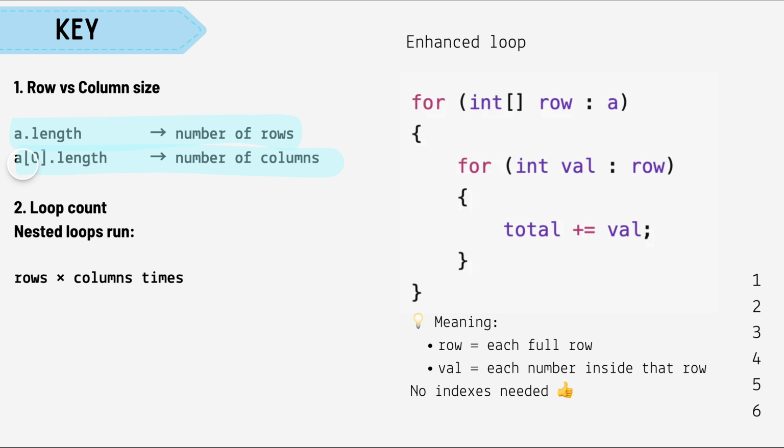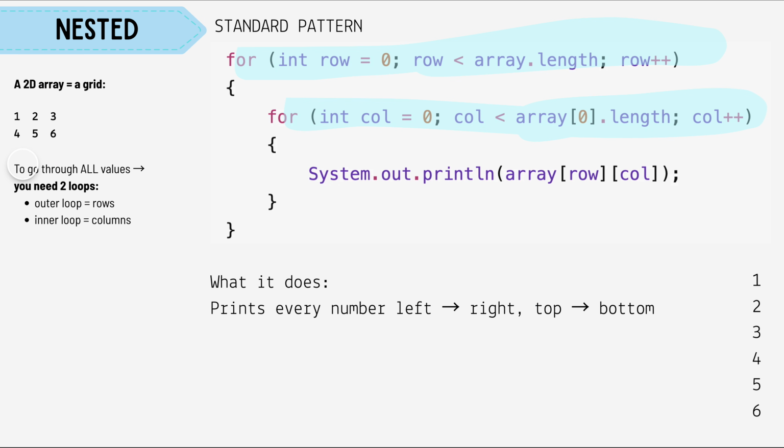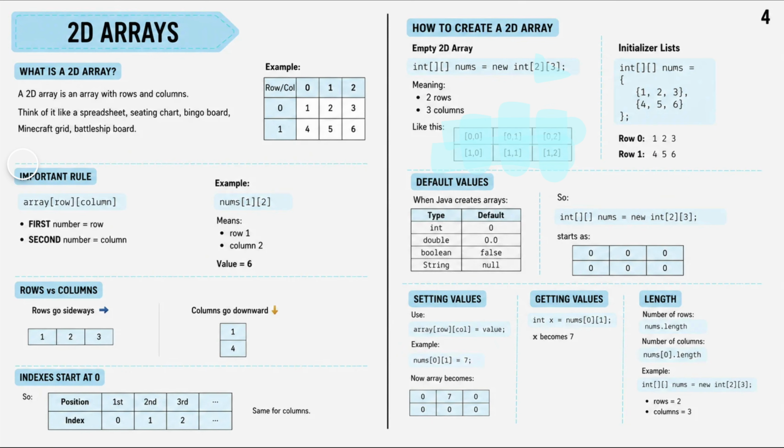If I take an example, the number of rows is 2, right? So 1, 2. The number of columns will be this row's length, 1, 2, 3.